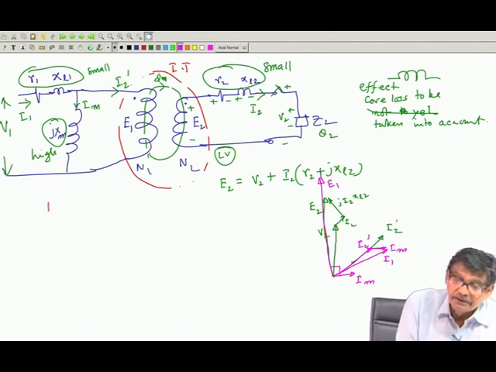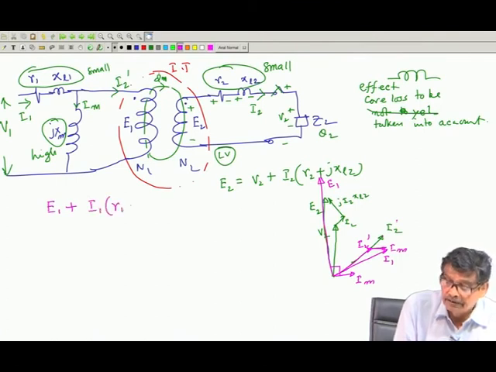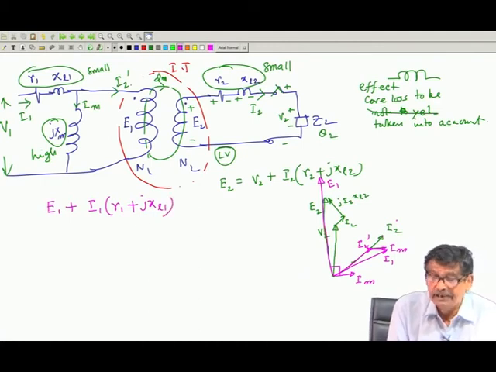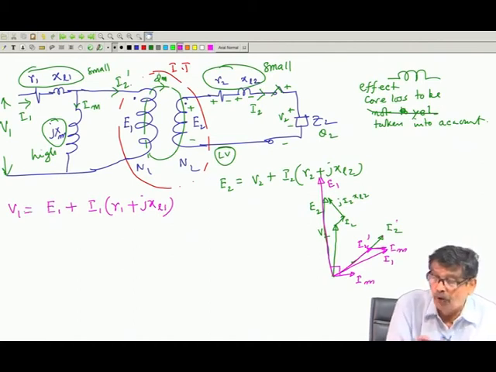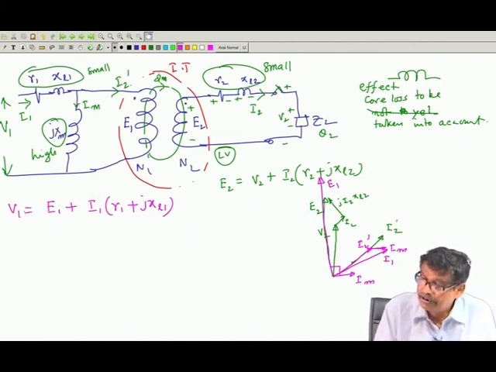then to E1, if you add these two drops, I1 into R1 plus jXl1, small l indicates leakage reactance drop, and this must be your V1. My target is to show all the variables. So, E1 I have reached.